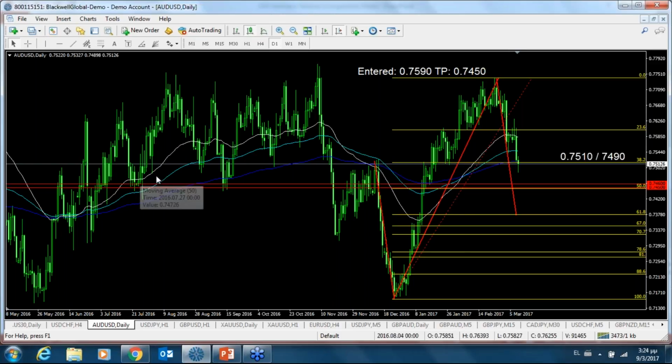So that is another probable area it could come down to and bounce off. But if it does have more strength, more negativity in Australia, whether it's politics or economy, then you will see it piercing through that zone and coming down lower. And that is then a more likely area, once it goes under that red zone, to come up from this area here. Okay, so that's AUD USD.